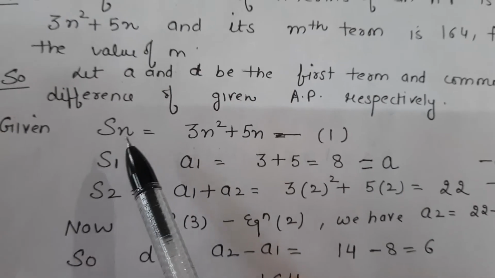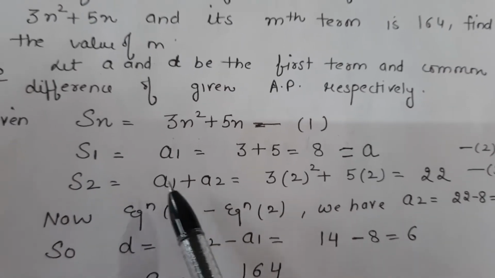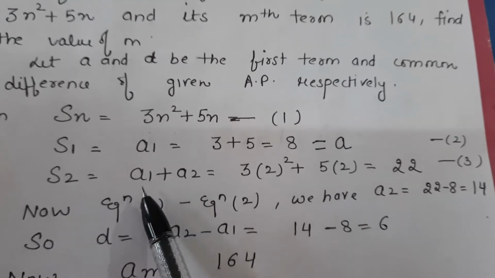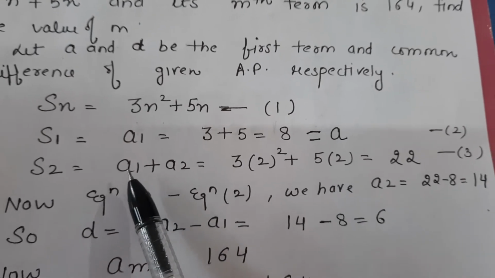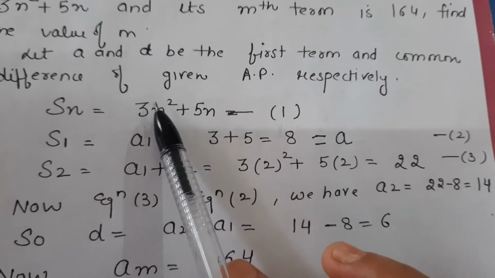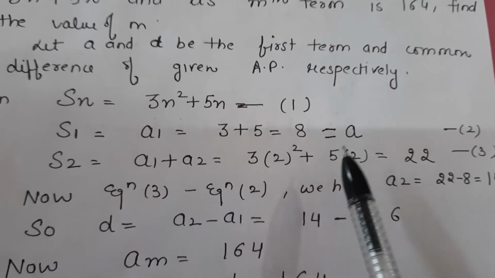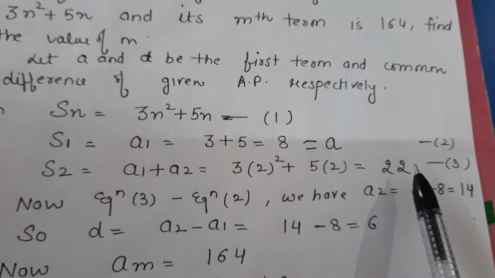Now, if I write S2, what does S2 represent? S2 represents the sum of first two terms of an AP. That means this can be written as A1 plus A2. In the same way, put n is equal to 2 on right hand side. So you'll get 3 into 2 square plus 5 into 2. On solving, you'll get 22.